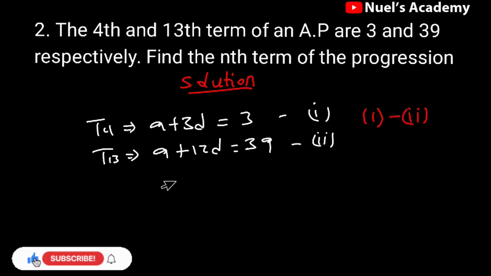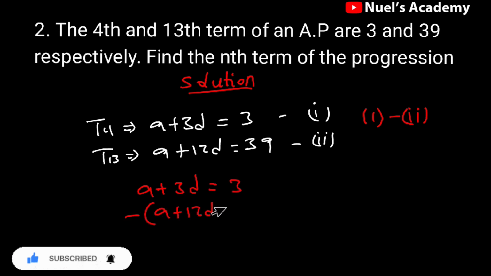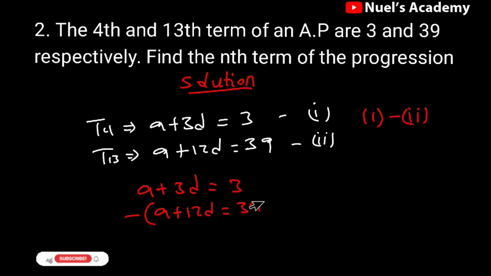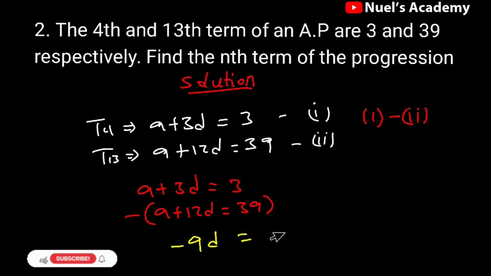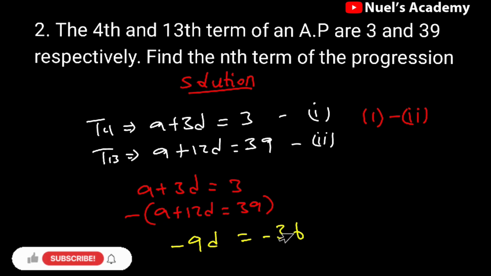So we're going to have A plus 3D equals 3 minus A plus 12D equals 39. So A minus A is equal to 0. 3D minus 12D is equal to minus 9D. Then this is equal to 3 minus 39, which is minus 36.